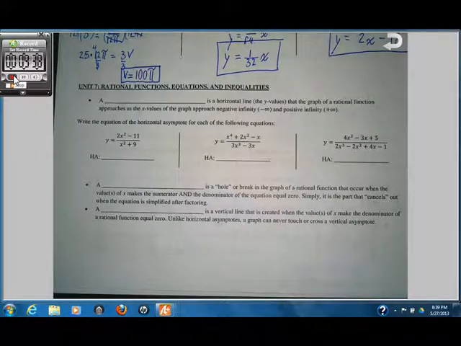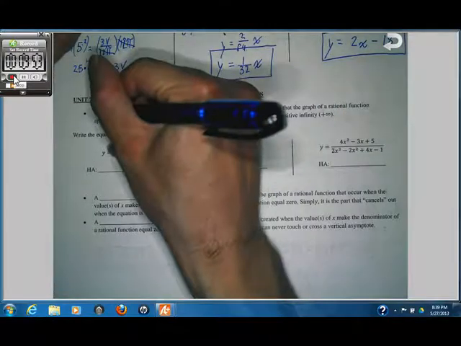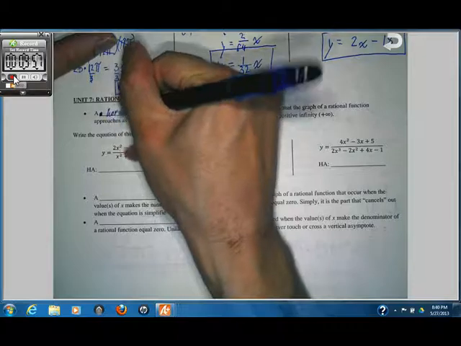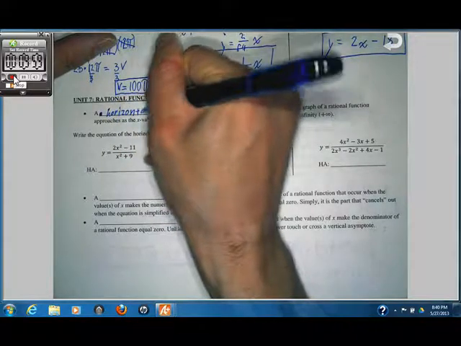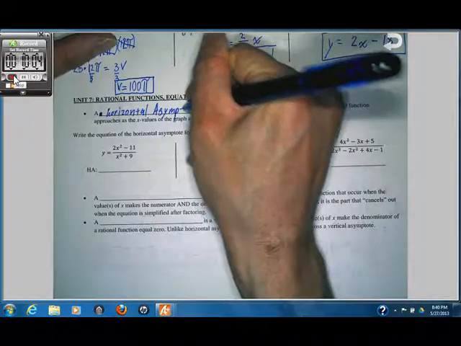An asymptote, specifically a horizontal asymptote. Now, there are 3 scenarios. Basically, you find your horizontal asymptotes based on the degrees of the numerator and denominator polynomial functions.